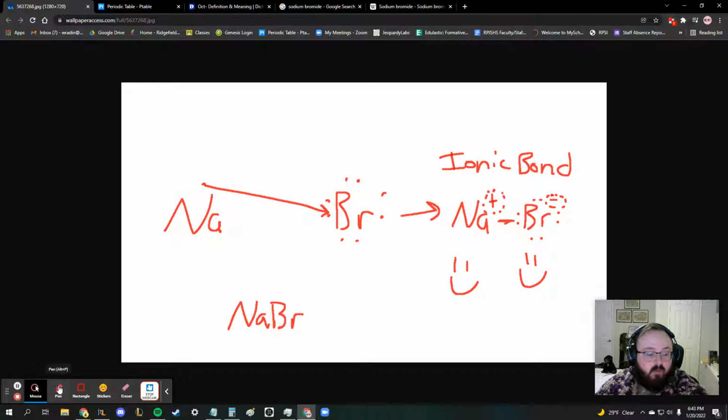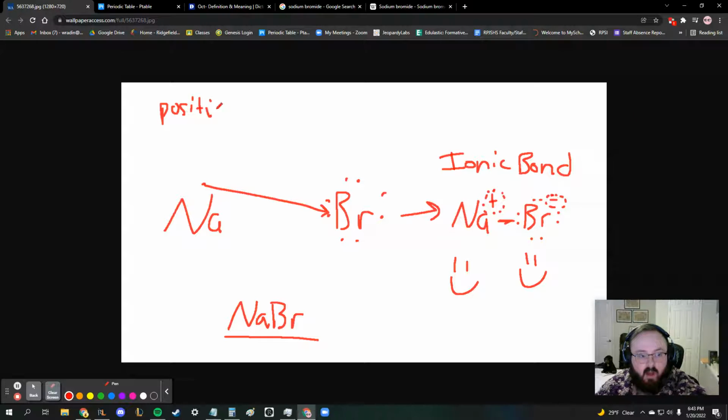Now, when we write out our formula here, I kind of did it ahead of time, but we go with a certain pattern to write the formula. We always will take our positive ion and then the negative ion. We will always go in this order.